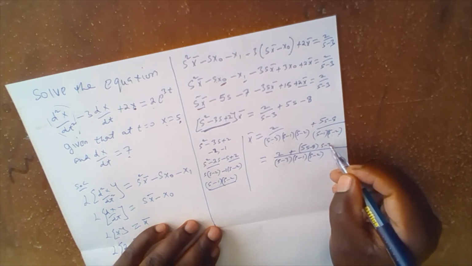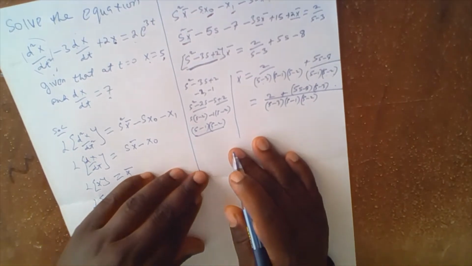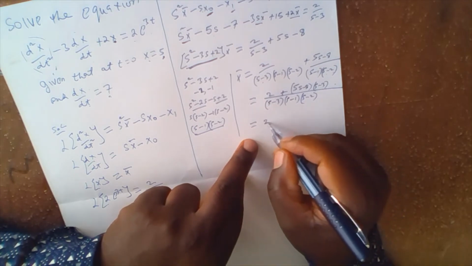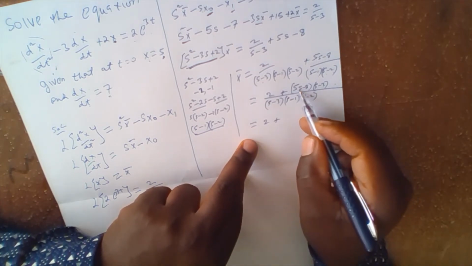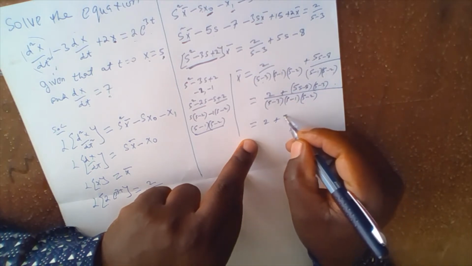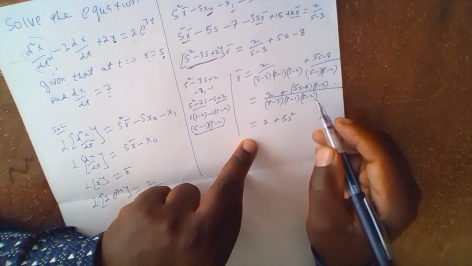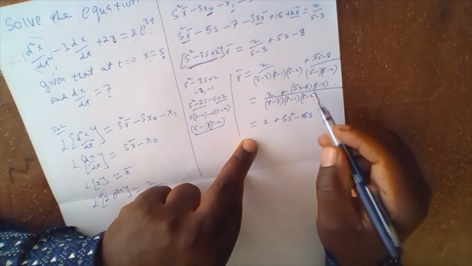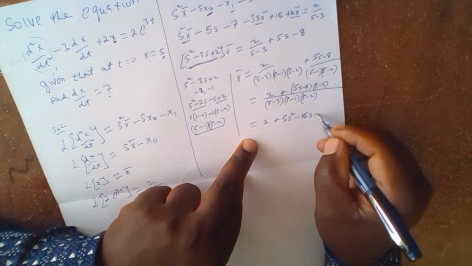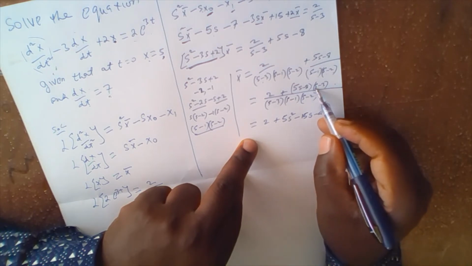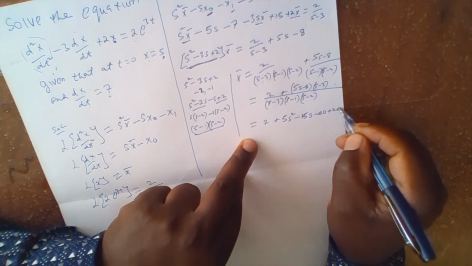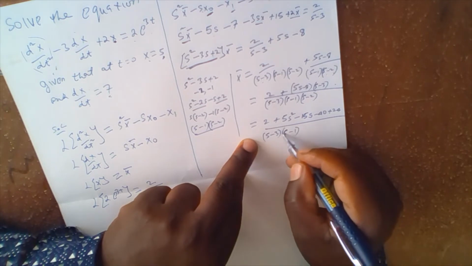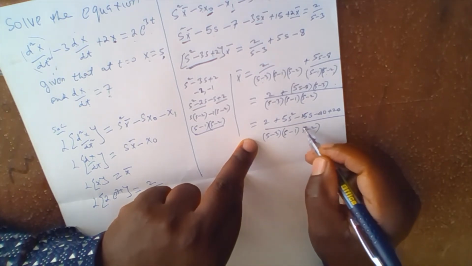When you open up the bracket, this will be equal to 2 plus 5s² minus 15s minus 8s plus 24 over s minus 3, s minus 1, s minus 2.